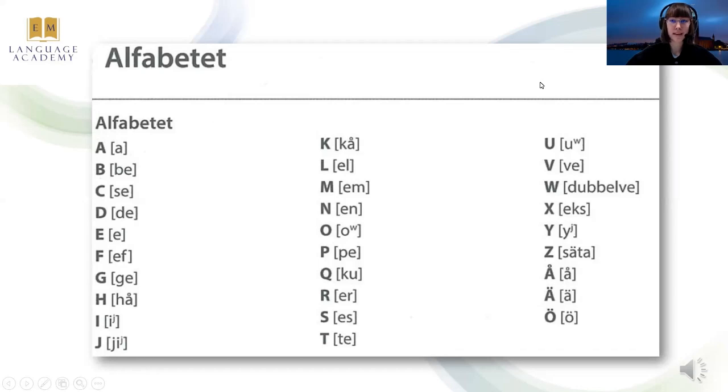But my opinion is that there is never enough revision. So let's go through the whole alphabet at once. Okay, so once again, I kindly ask you to repeat after me.